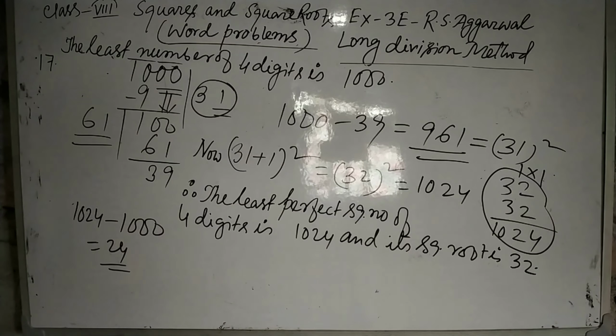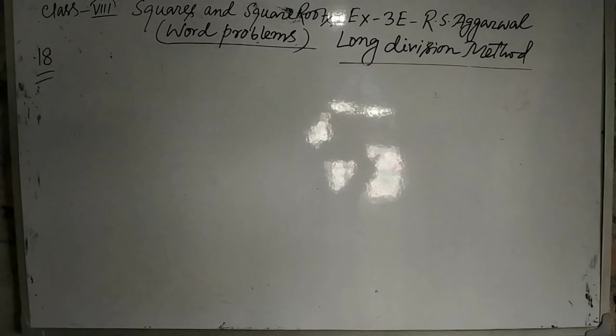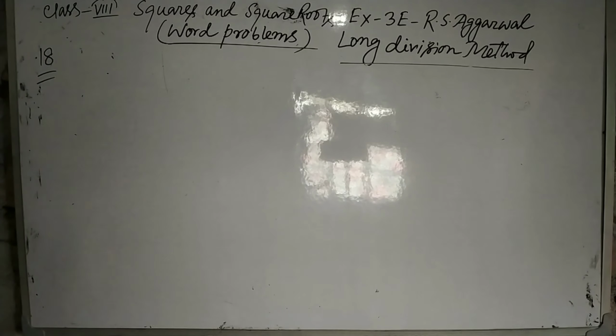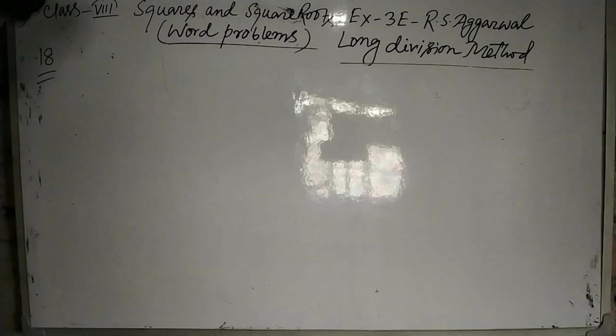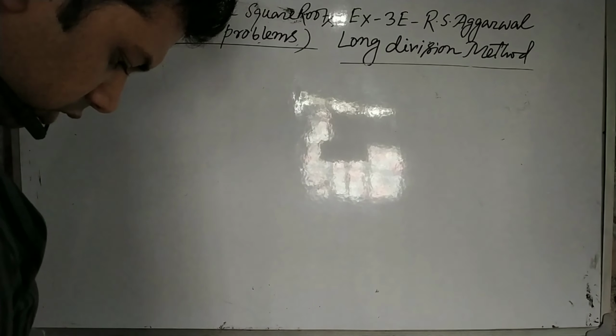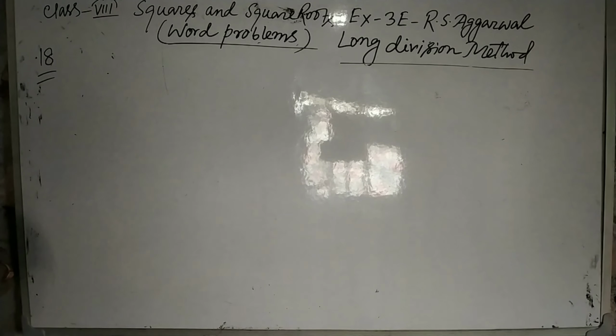Next, we will be doing question number 18. Read question number 18. Find the greatest number of 5 digits which is a perfect square number. Also find the square root of the number so obtained.